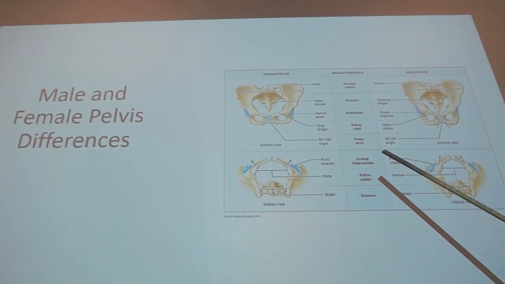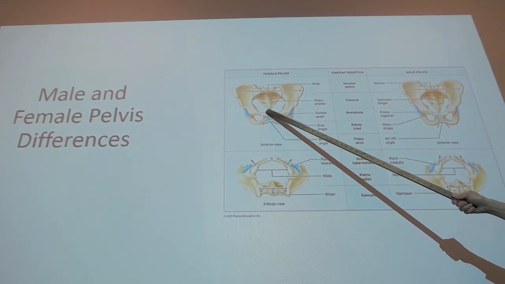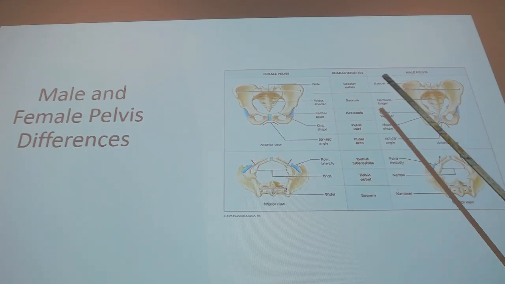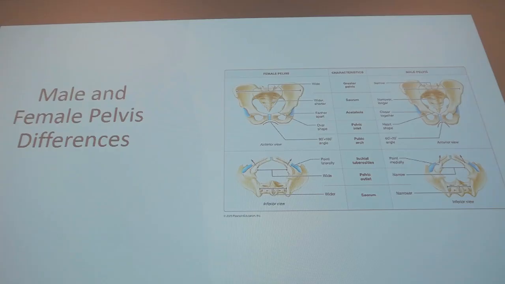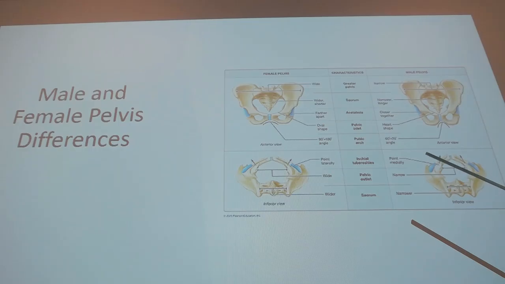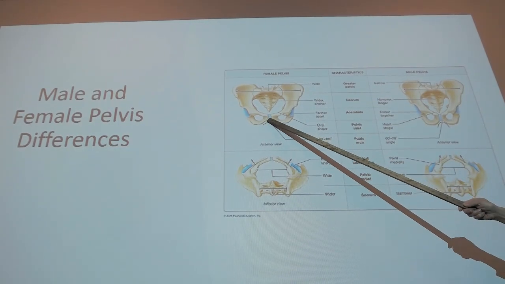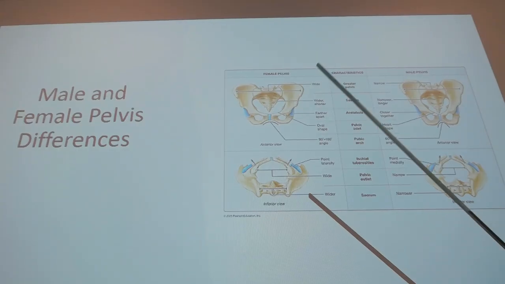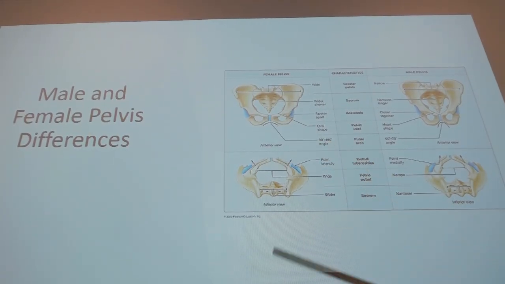And the coccyx, it is not shown in here, but in males is pointing anteriorly, while in females points posteriorly. And this coccyx is movable during childbirth, and also the pubic symphysis. It opens up a little bit more to allow the passage of the head of the baby.